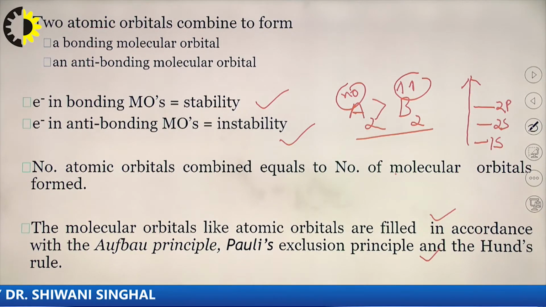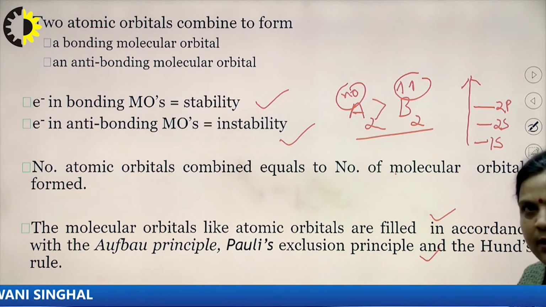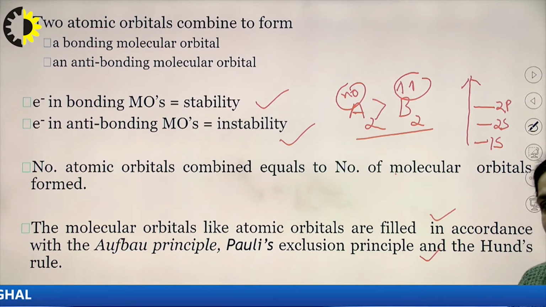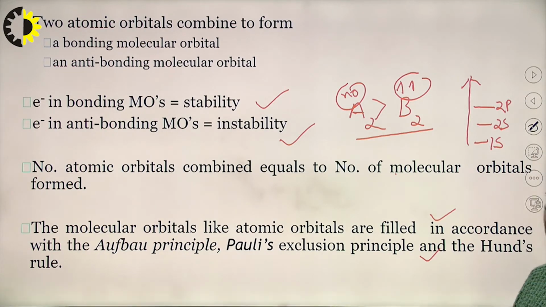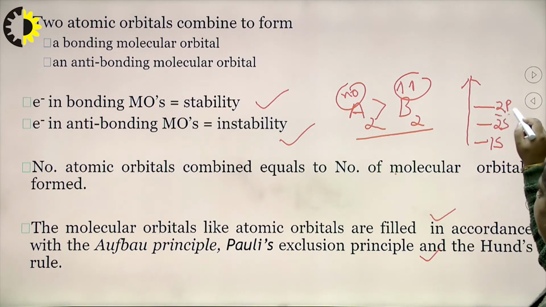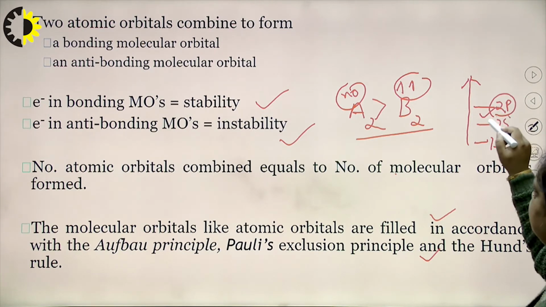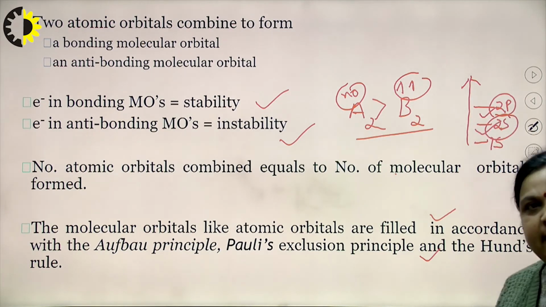Suppose there is a confusion between 2s and 2p. The electron first enters which orbital? In this case we first check the n value. If the n value is the same, here the principal quantum number is 2, and in this case the principal quantum number is again 2.